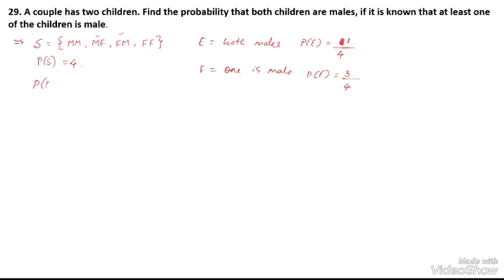Now we have to find the conditional probability, that is probability of E given F. That is both children are male, given that at least one of the children is male.